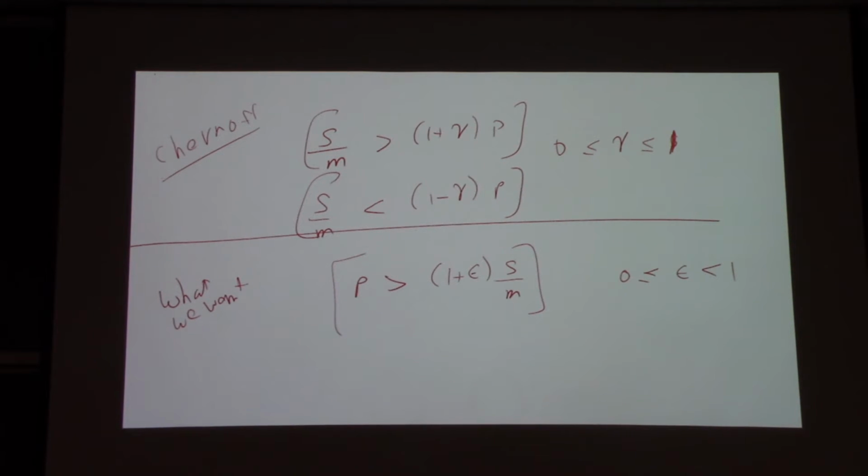And you need to rearrange these. So clearly gamma equals epsilon doesn't work, but maybe some other value of gamma works that is connected to epsilon. You need to think about these two aspects and rearrange this so that this inequality starts to look something like that by playing with the gamma. And this is a big hint. It took me a while to figure that out, but think about what I just said.